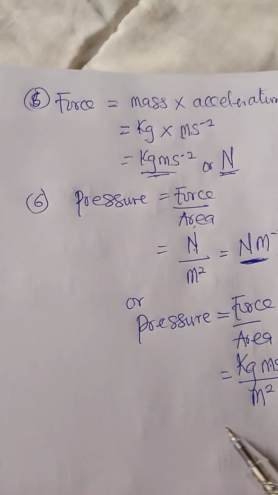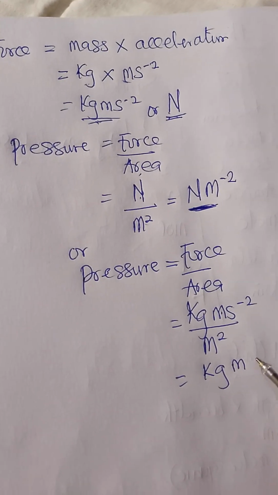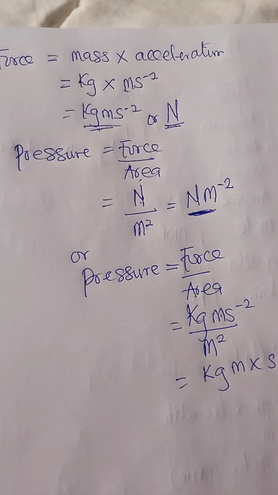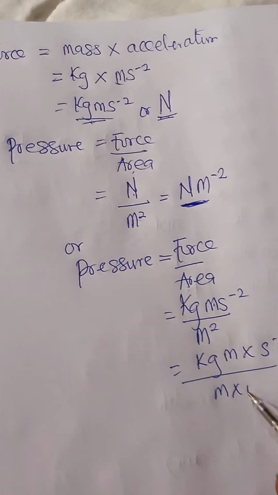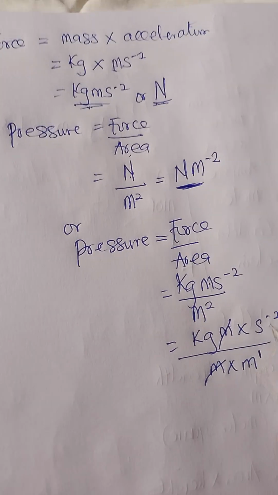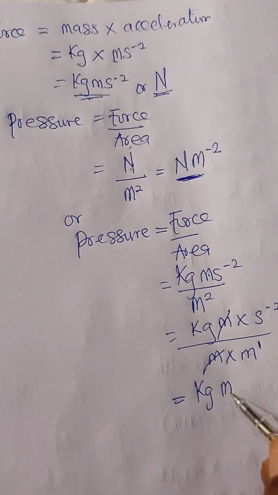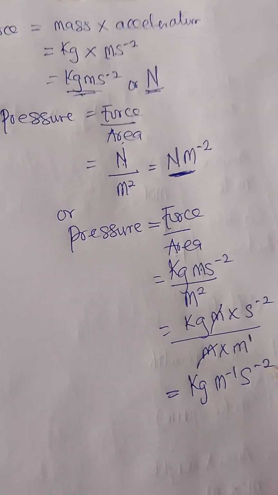So this is the same thing as saying kilogram meter times this, divided by meter times meter. This will cancel this. So this will come up. Remember, it is 1. If it comes up, it becomes minus 1, which will give you kilogram per meter per second square. So this is also unit for pressure.